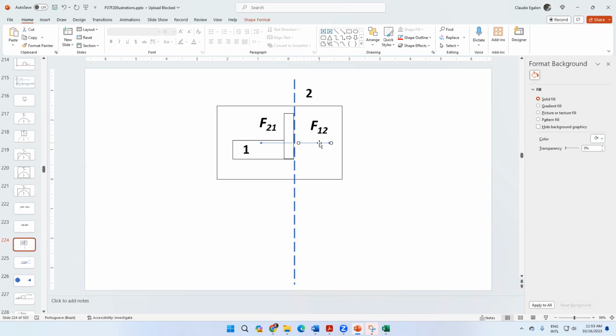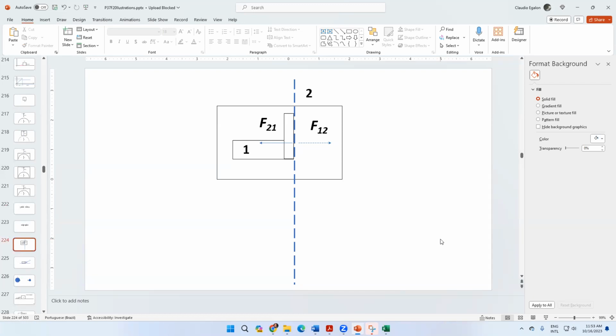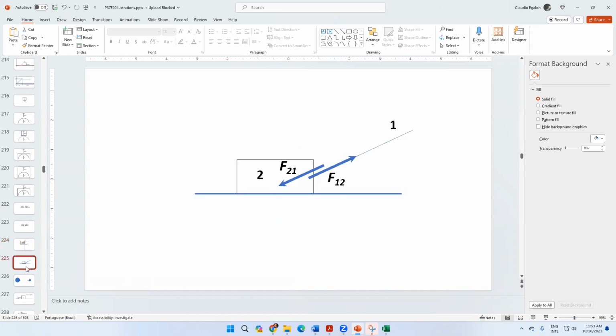This force, which is the wall, object number 2, this force is going to be dashed as well. And we'll be looking just at this force here. F of 1 on 2 is equal in magnitude and opposite in direction with respect to F of 2 on 1. Okay, those are examples of the third law.